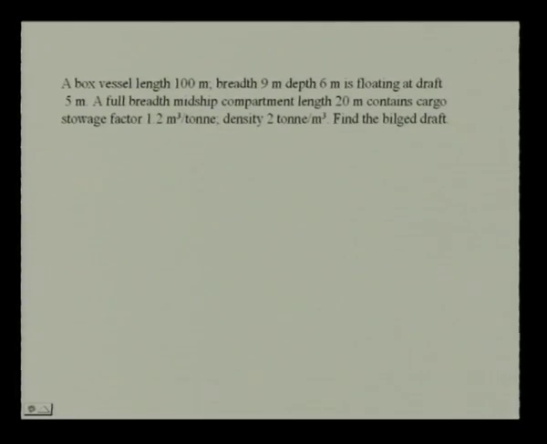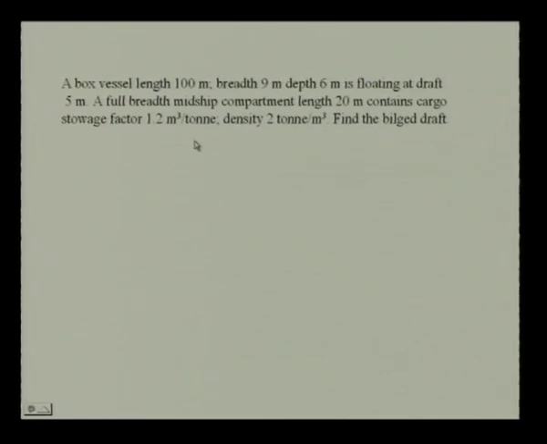There is a box vessel of length 100 meters, breadth 9 meters, depth 6 meters, floating at a draft of 5 meters. Now, a full breadth midship compartment of length 20 meters contains cargo at a stowage factor of 1.2 meter cube per ton. It has a density of 2 tons per meter cube, and you are asked to find the bilged draft.